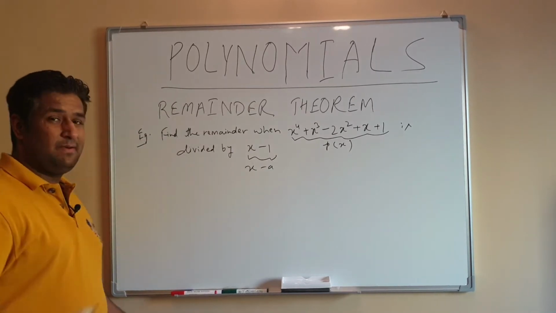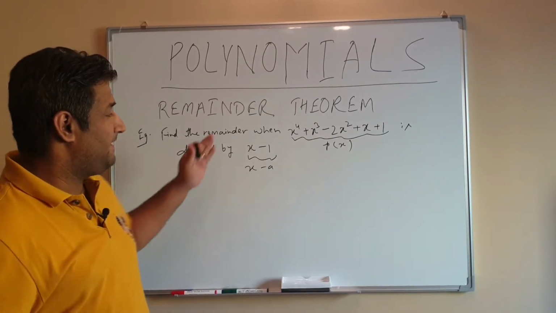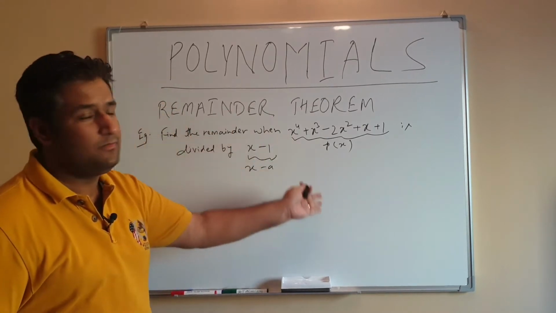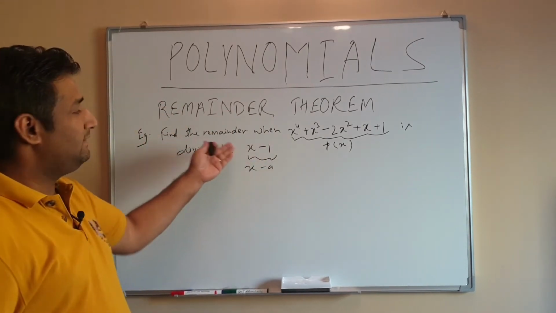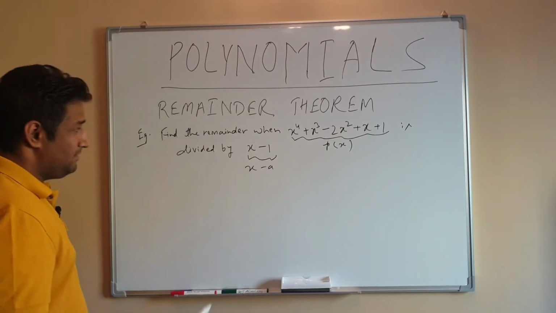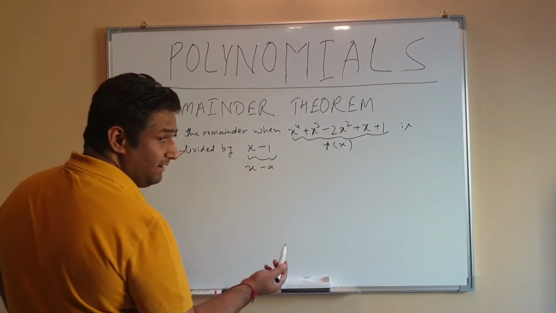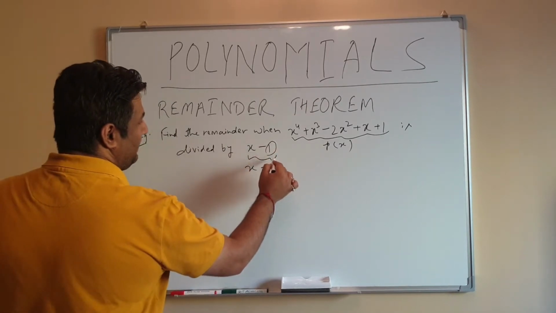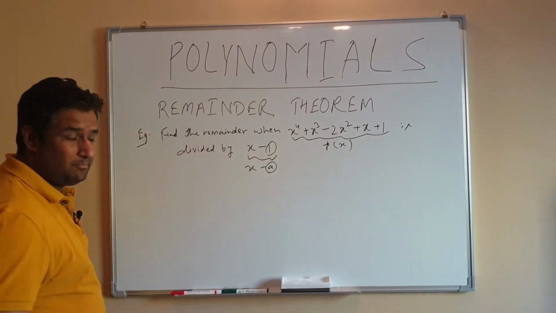So what is the remainder theorem? That if any polynomial P(x) is divided by x minus a, the remainder is P(a). So if you compare here, you can see that a is nothing but 1, correct?